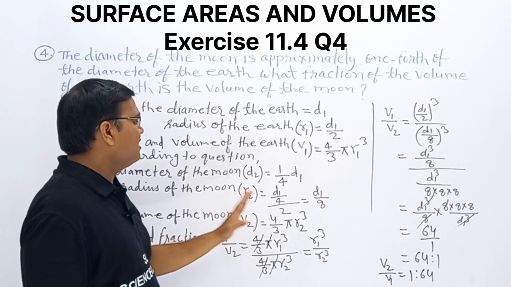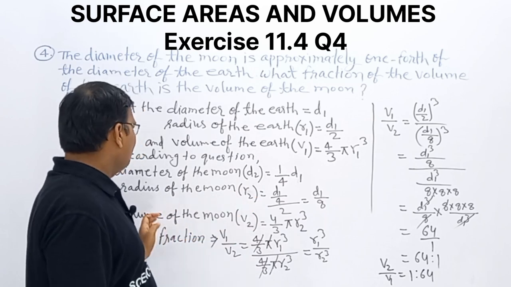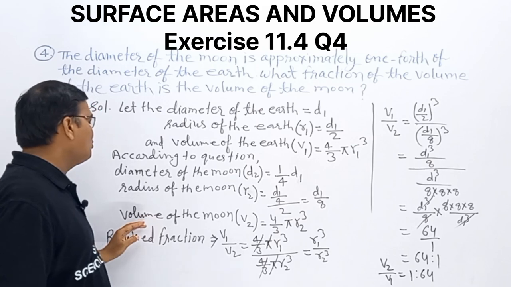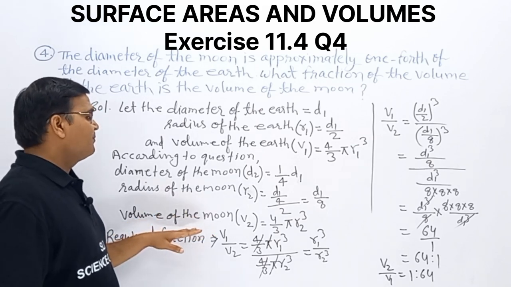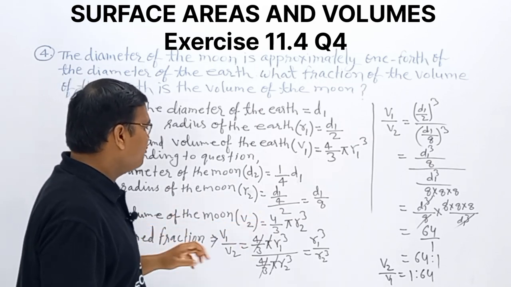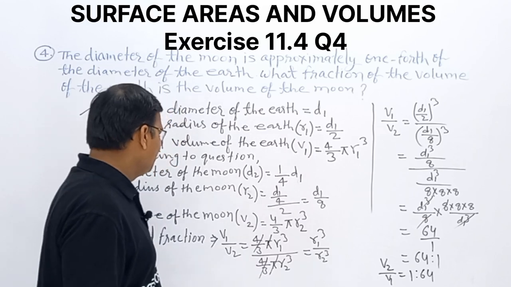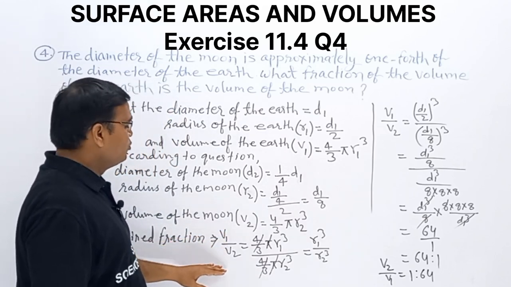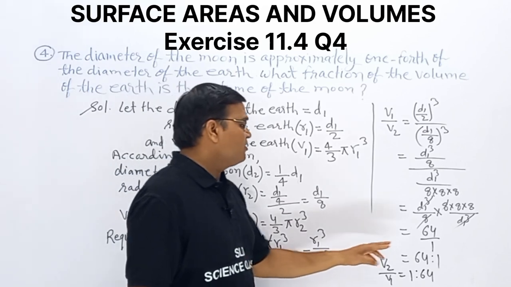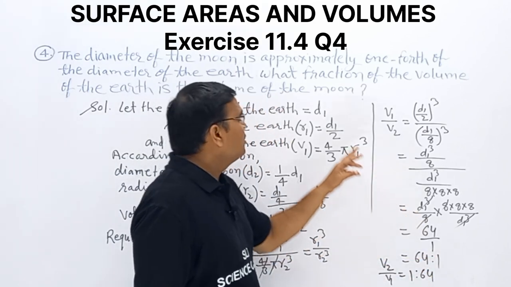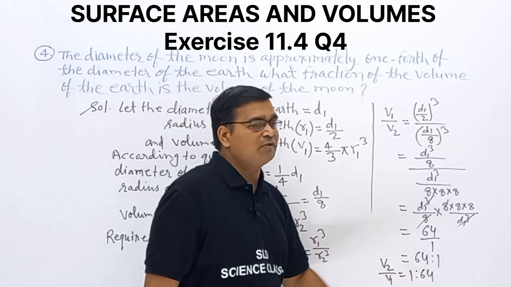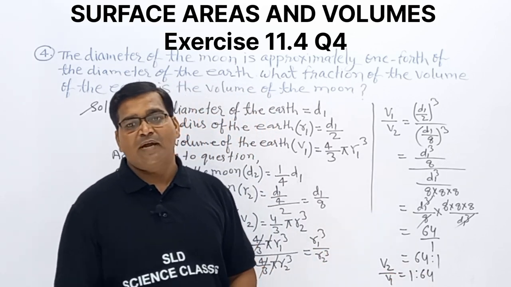Then we find the radius and then the volume. The moon is also a sphere, so we use the same formula, 4 upon 3 pi r2 cube. Then the required ratio of the volume of the earth to the moon will be 64 is to 1, but the volume of the moon to the earth ratio will be 1 is to 64. This is the required answer.